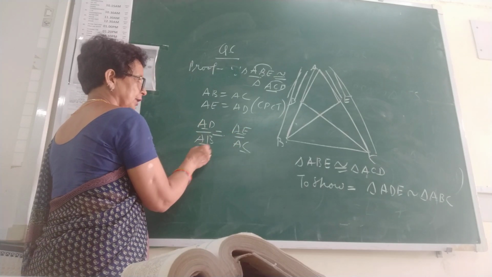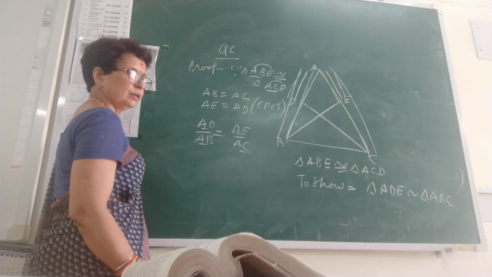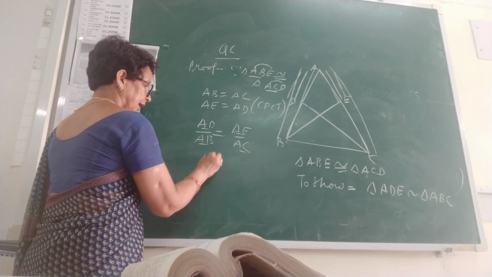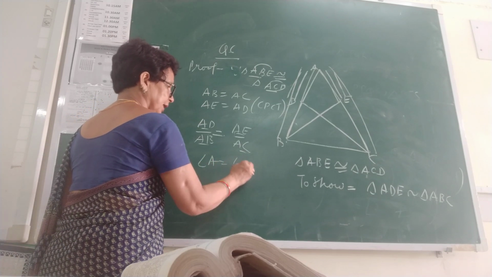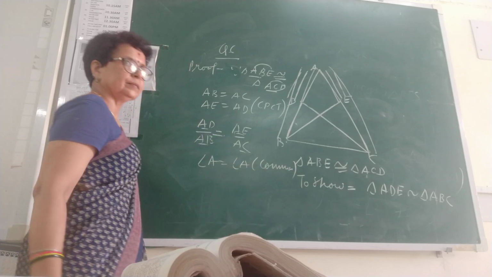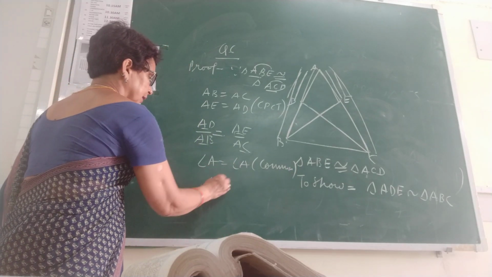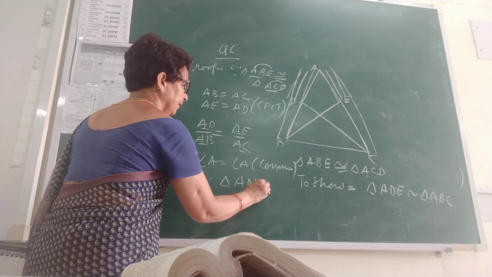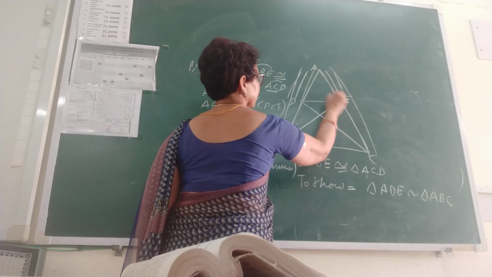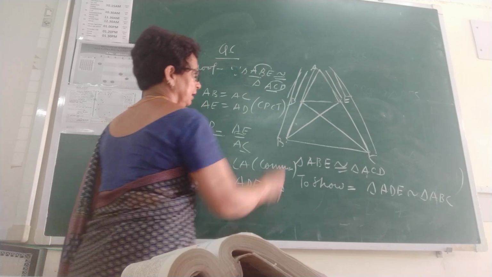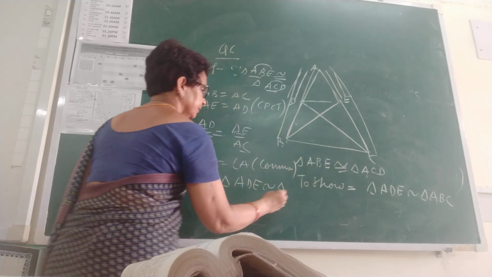Therefore, the ratio of these two will be equal to the ratio of these two. And their included angle, angle A, is equal to angle A by common. Therefore, triangle ADE is similar to triangle ABC.